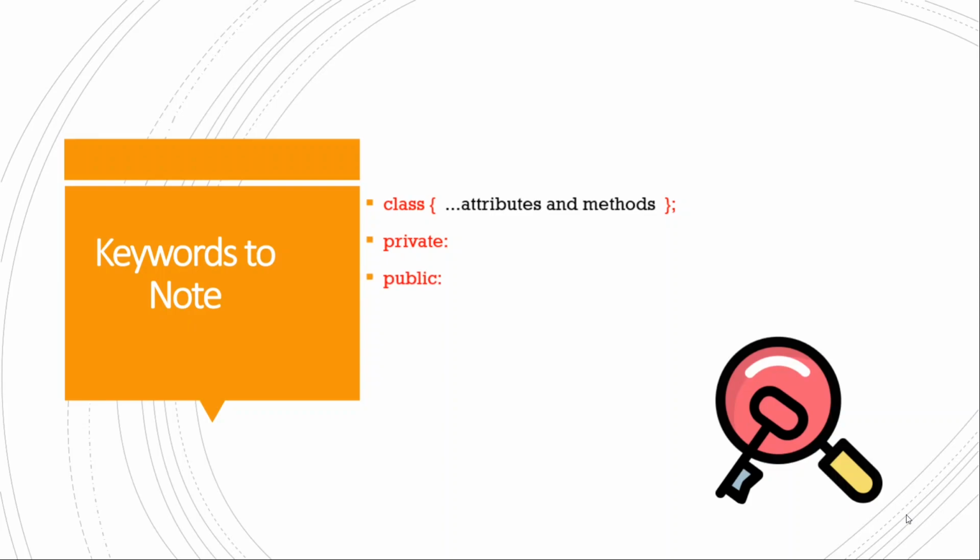We also have the public keyword, which is of course the opposite of private. So anything that comes after the public and colon will be visible and accessible by other parts of our program. We have our scope resolution operator, which we have used in previous videos, and this is the double colon.